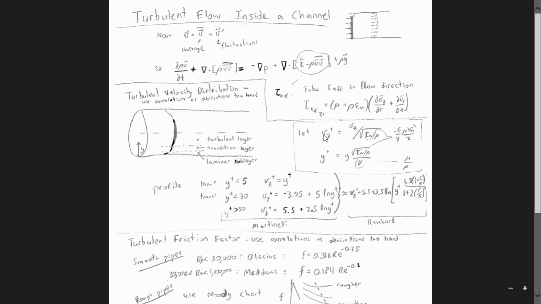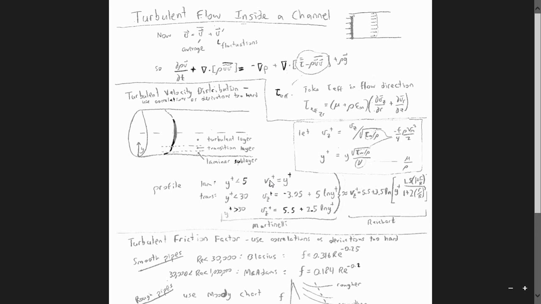So with these definitions of Vz plus, an adjusted velocity, and y plus, an adjusted coordinate going from the wall to the center of the tube, we can take the experimental results and have three equations that give us our velocity profile in the three sections of the tube: the laminar sublayer, the transition layer, and the turbulent layer.